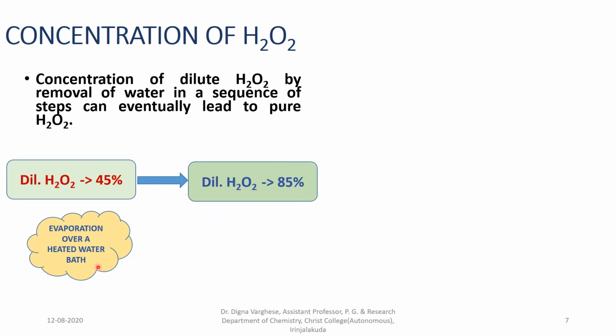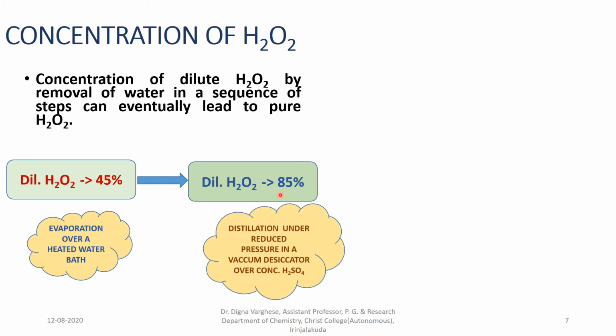Second step: 45% hydrogen peroxide is converted to 85% concentration by mass. This is done by distillation under reduced pressure in a vacuum desiccator over concentrated sulfuric acid. We know concentrated sulfuric acid is a dehydrating agent.